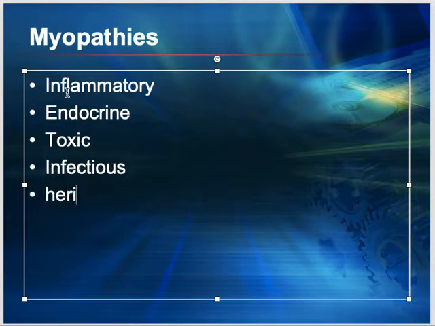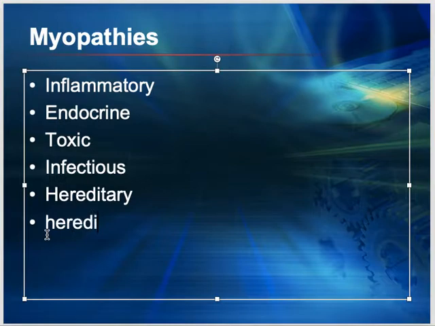There could be hereditary causes, like which we acquire. So hereditary can be hereditary dystrophy or hereditary metabolic conditions.